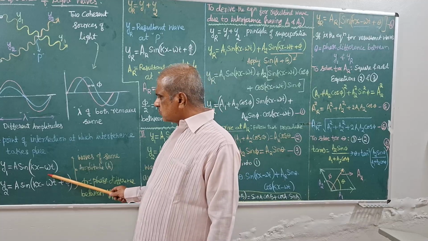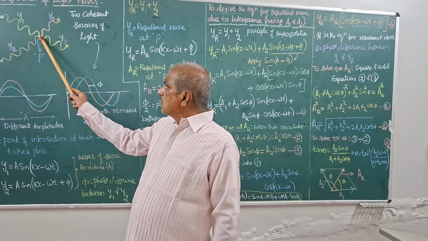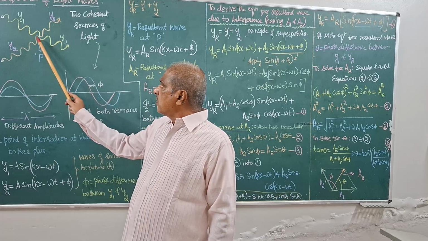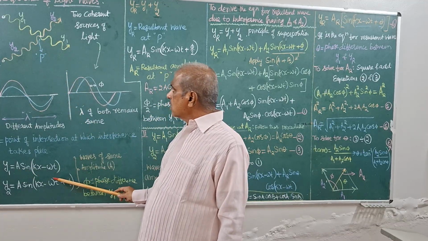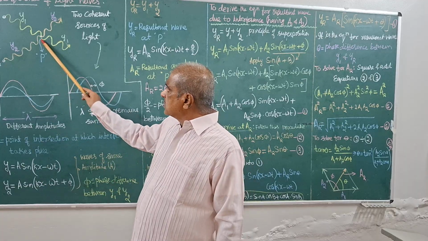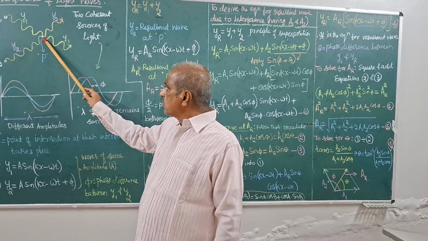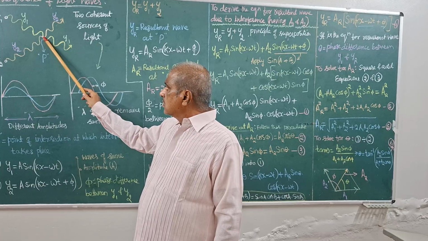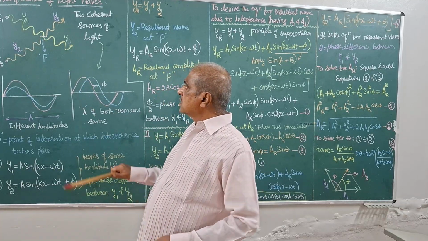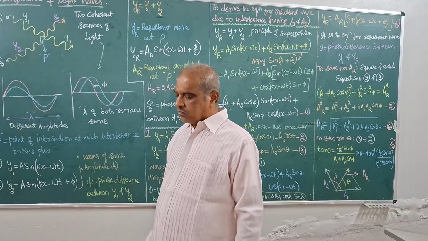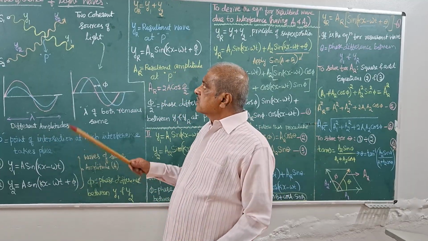And this is the y1 wave function before intersection. The wave function after intersection remains the same. And the wave function here before and after intersection remains the same. At this point, the wave function is different. That wave is called the resultant wave, the resultant wave due to interference.